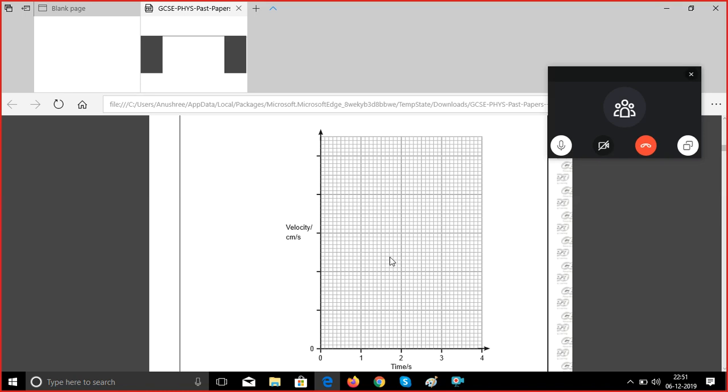Okay, so it goes up to 25, and I need to plot the points.